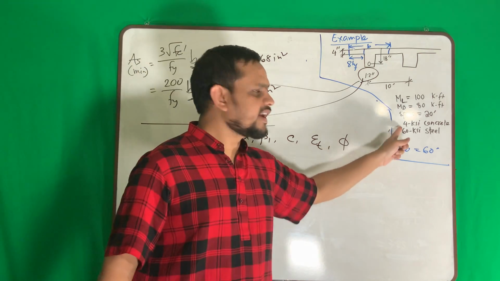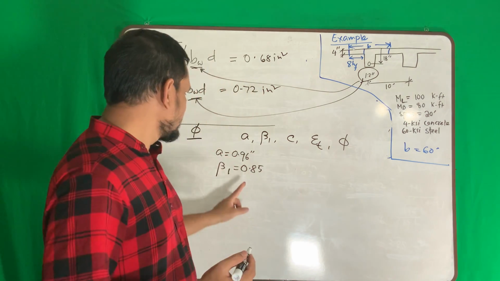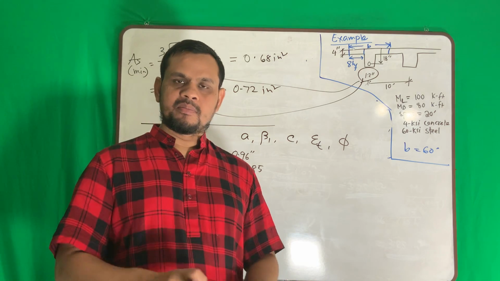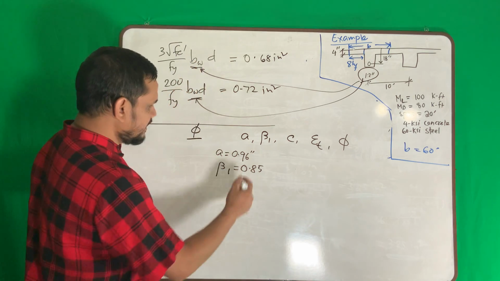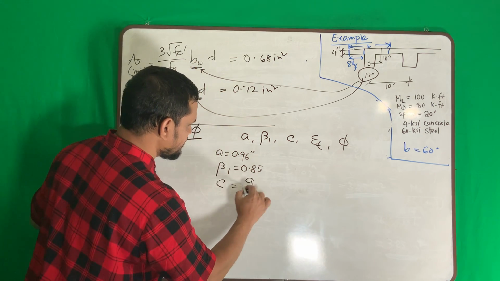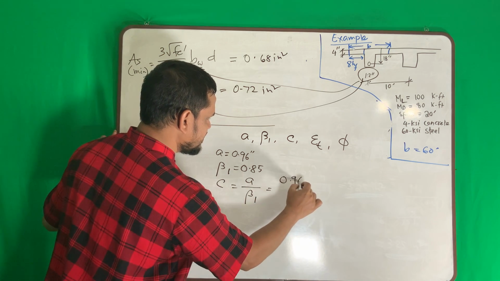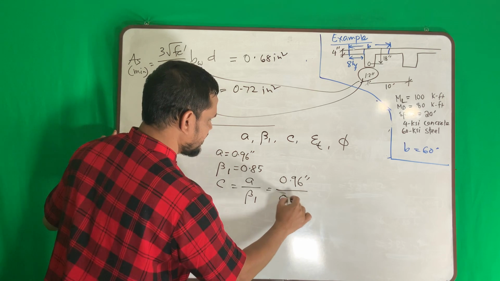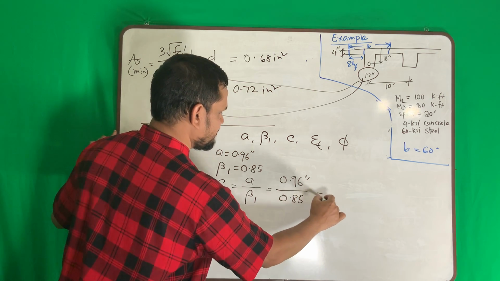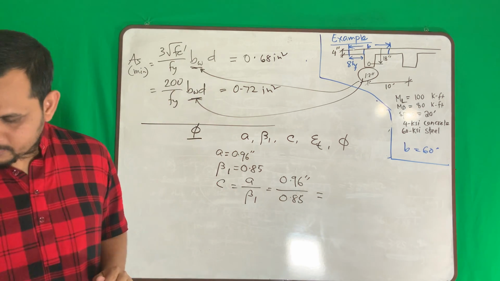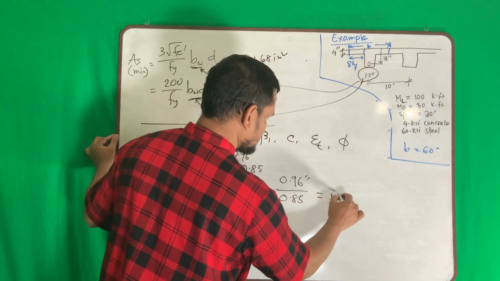For 4 case I concrete, I can remember it is 0.85. If you cannot remember, go back to your book, you can find it. Then C is A by beta 1. So A is 0.96 inch divided by 0.85. If I do the calculation, I am getting 1.13.